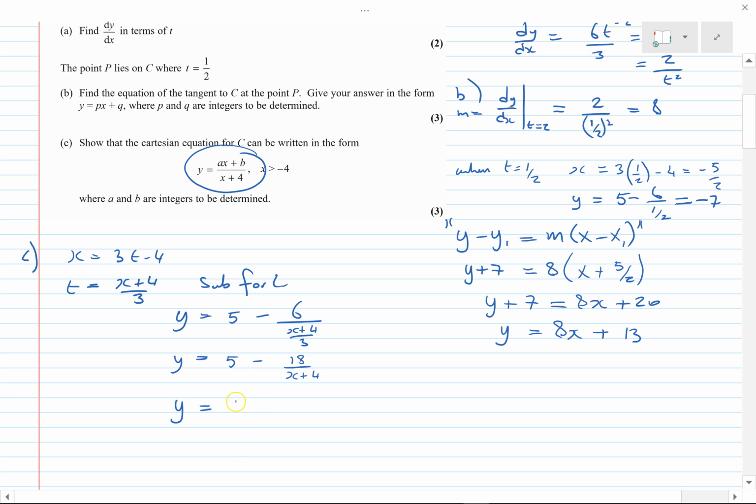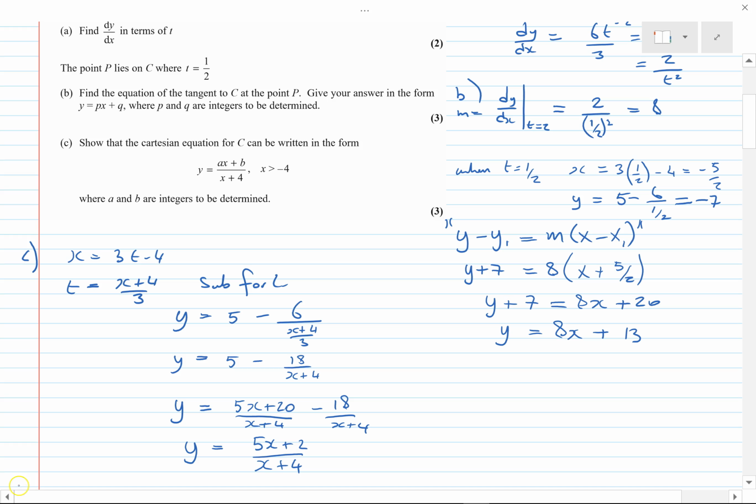That's equal to 5x plus 20 over x plus 4 minus 18 over x plus 4, putting over a common denominator. So that gives us y is equal to 5x plus 2 over x plus 4. Okay, so a nice first question to get us into this paper. I think done reasonably well by most candidates.